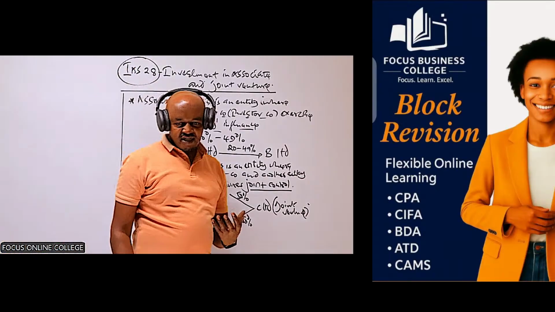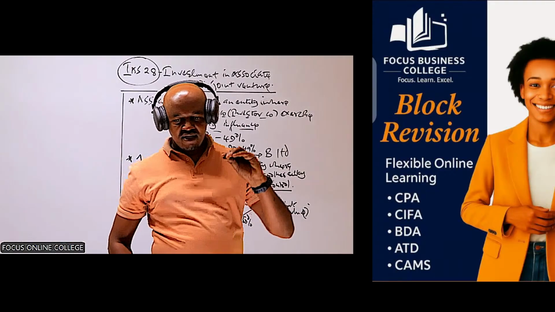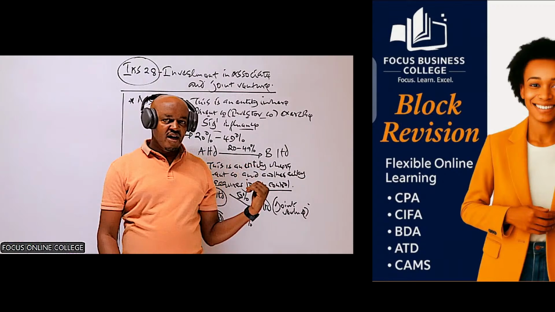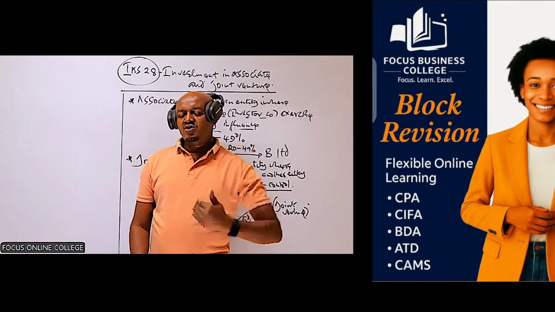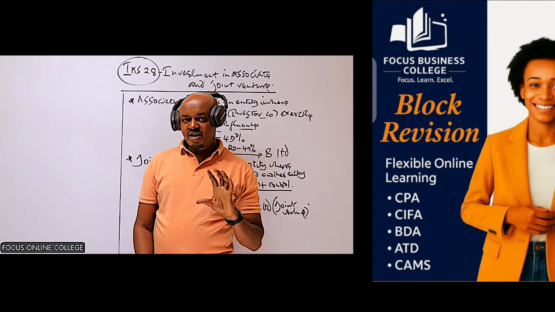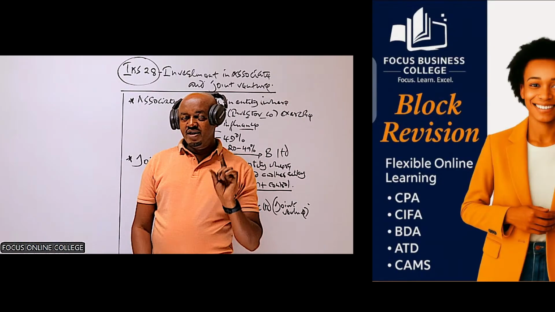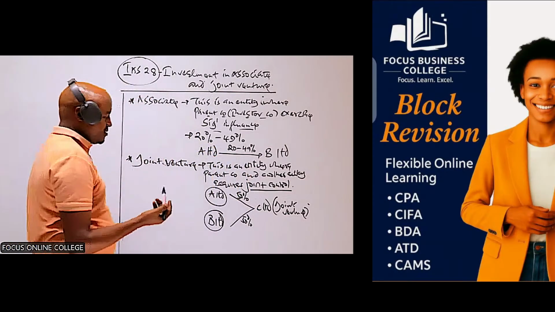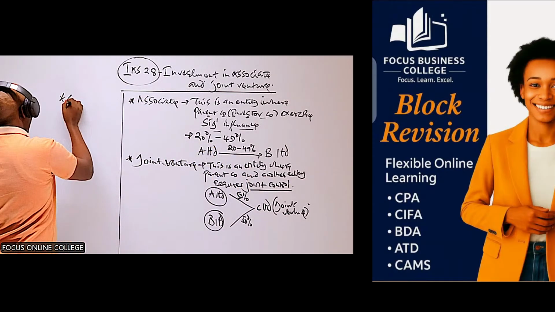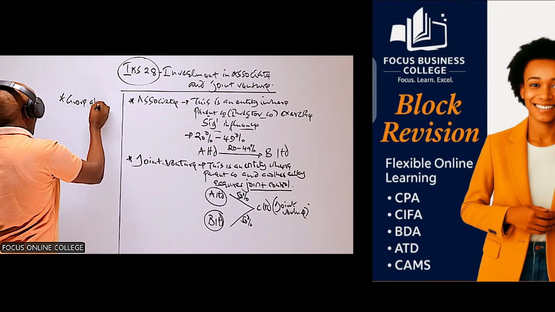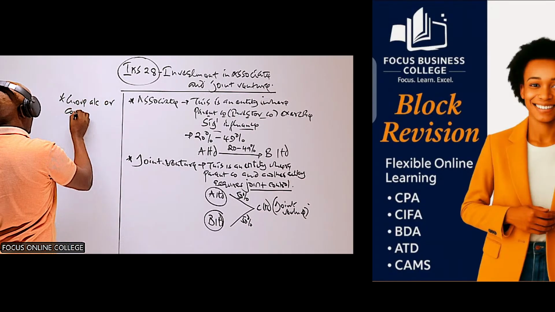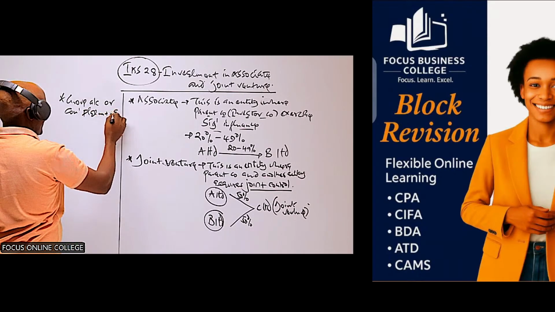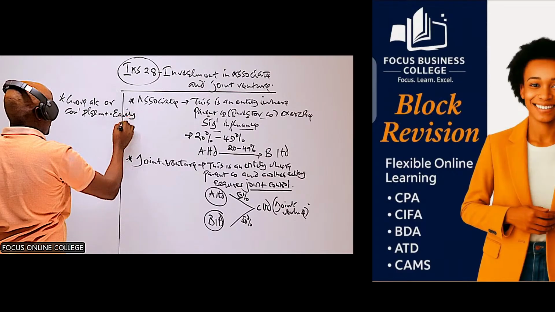And this particular standard requires that whenever the parent company has invested in an associate or in a joint venture, the group account, the consolidated financial statements, should be prepared using the equity method.